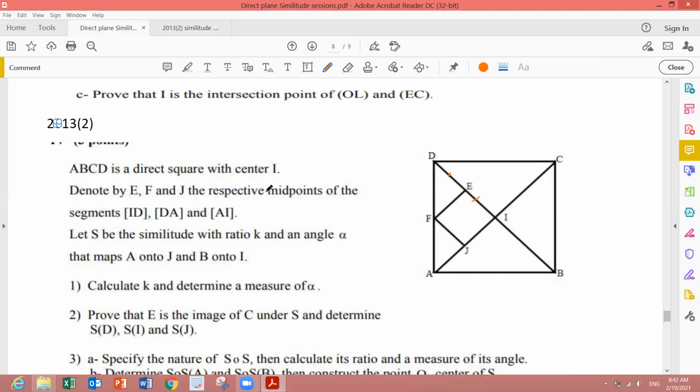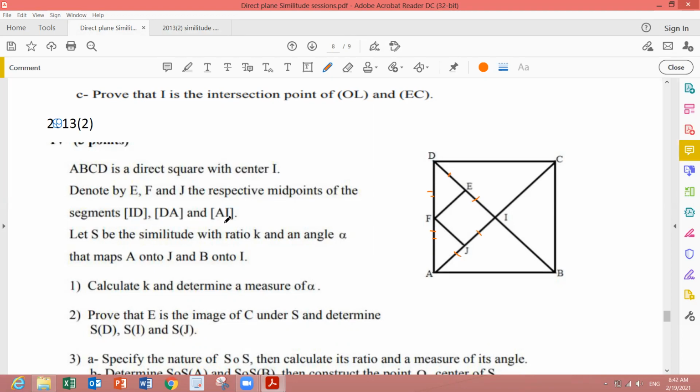F is the midpoint of AD. J is the midpoint of AI.